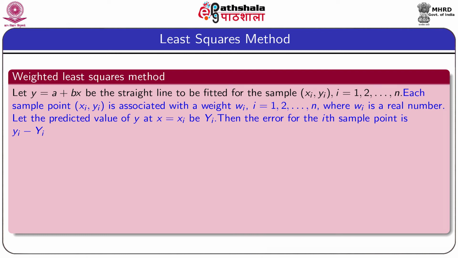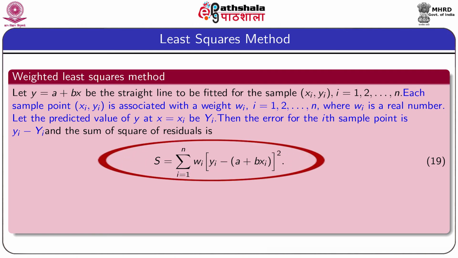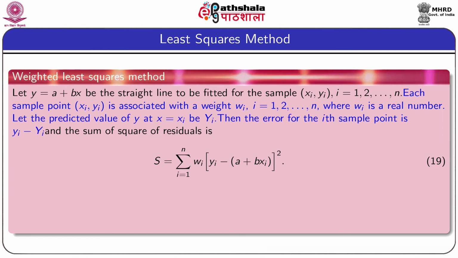Let the predicted value of y at x equal to xi be capital Yi. Then the error for the ith sample point is small yi minus capital Yi, and the sum of square of residuals is S equal to summation over i equal to 1 to n wi into yi minus a plus bxi whole to the power 2. Note that the wi factor is included in this method.